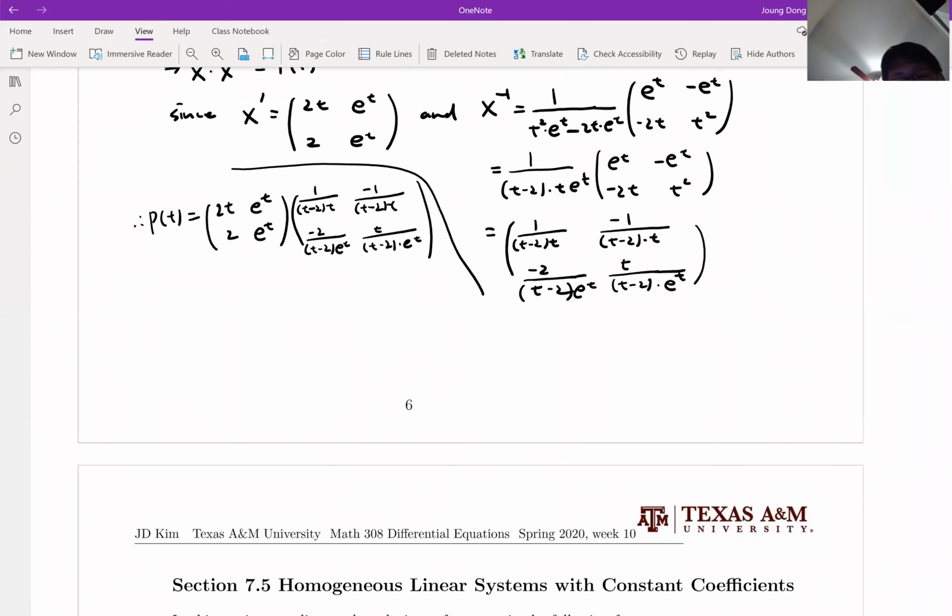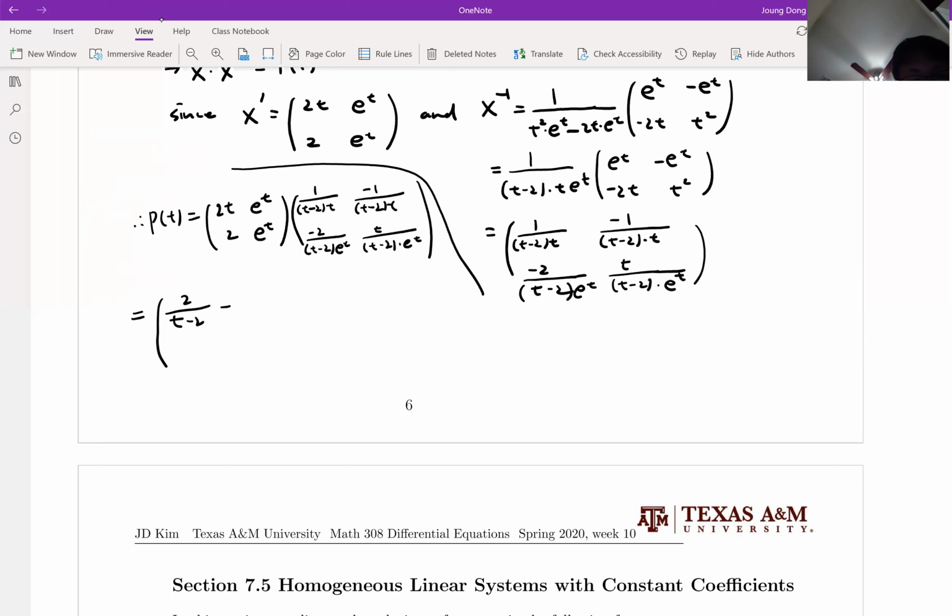And then when you multiply, the product of these two matrices is equal to, just be careful with your calculation, 2 over t minus 2 and minus e to t over t minus 2.